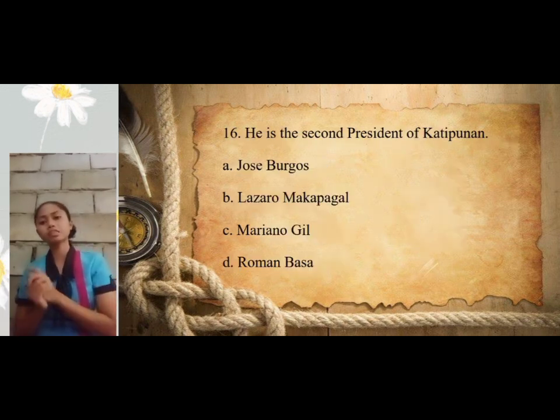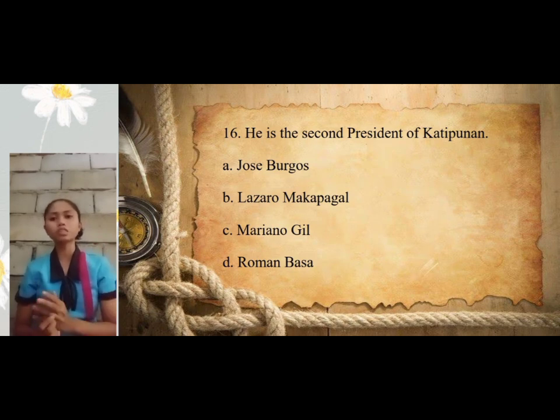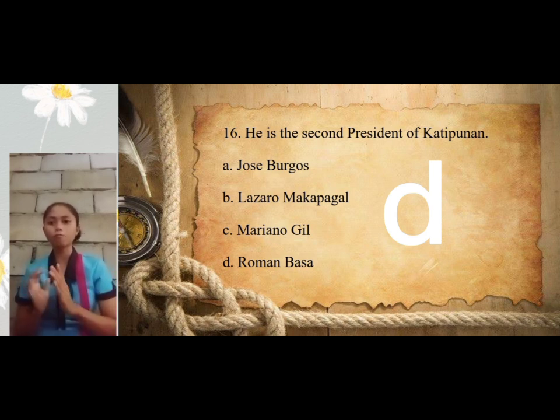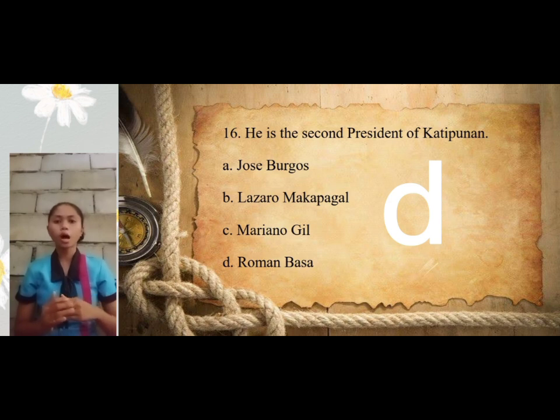Number 16. He is the second president of Katipunan. So, the answer is Roman Basa. When we talk about Jose Burgos, he was a Filipino Catholic priest and a leader of the secularization movement, referring to the full incorporation of Filipino priests into the Catholic hierarchy of the Philippines.